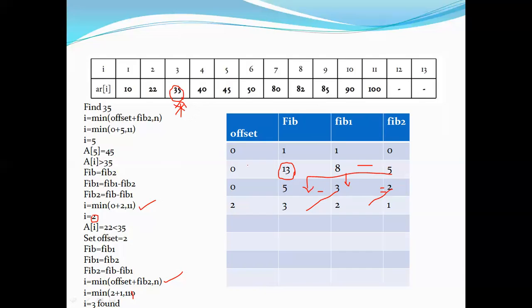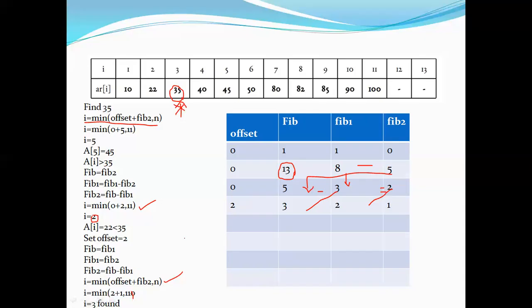After finding this, initially the offset will be 0. Using this formula we need to find the I value. Substitute the I value. There will be two conditions: A of I is greater than the element, or A of I is less than the element. If greater than the element, we do some conditions, and if less than the element we perform these conditions. Then at last, if it is found, it will stop.